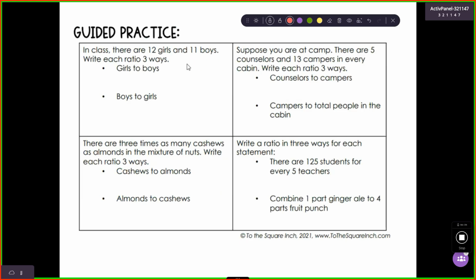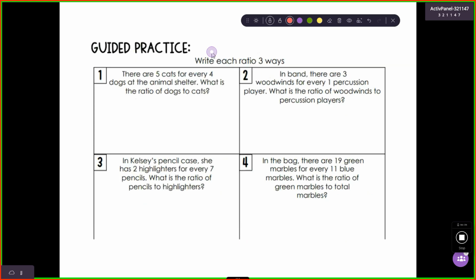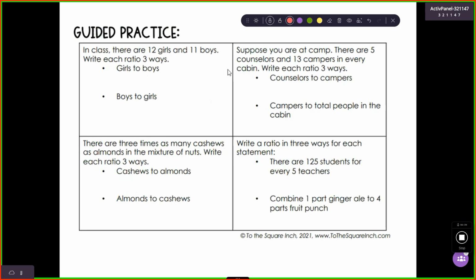What's it called? Oopsies. My bad. I got to get back in the flow of things. All right, so this is a ratio table.